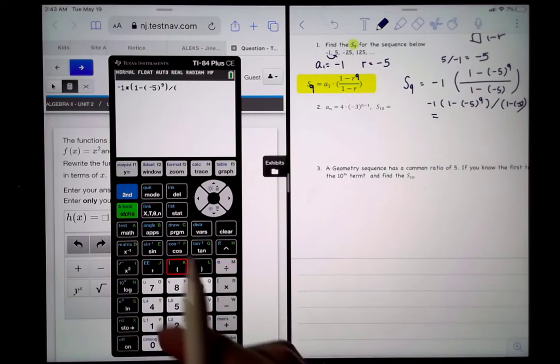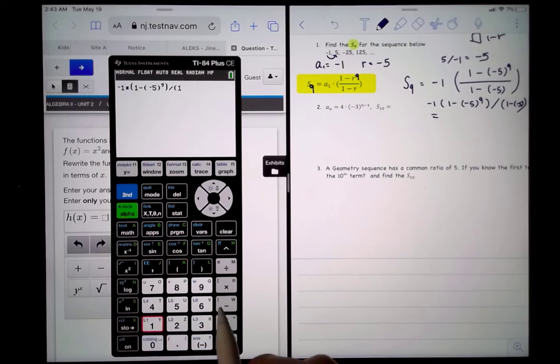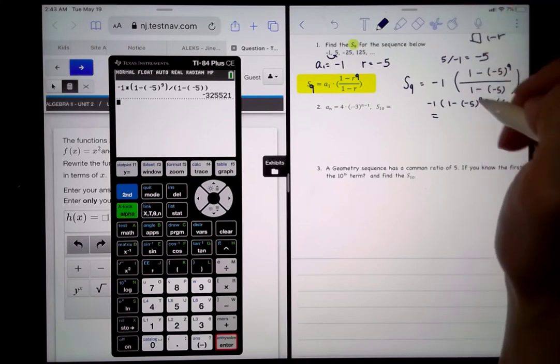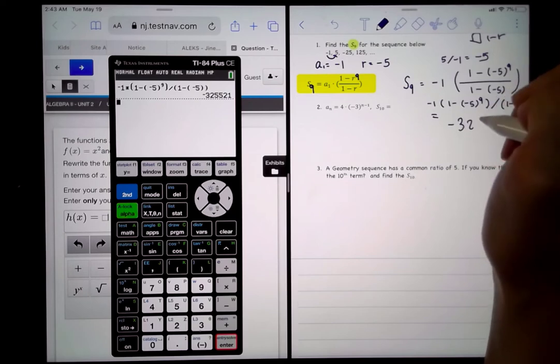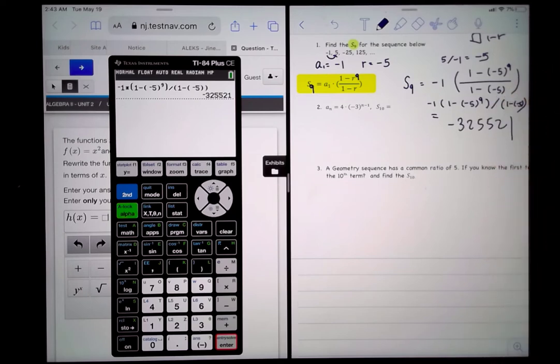If you know that's 6, you can just put 6. But if you don't want to calculate it, you can type it like this and press enter. Then that is my answer: -3255521. So when you add all the terms from the initial to the 9th term, you get that one.